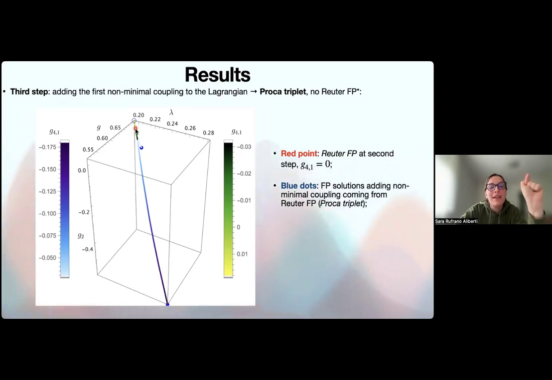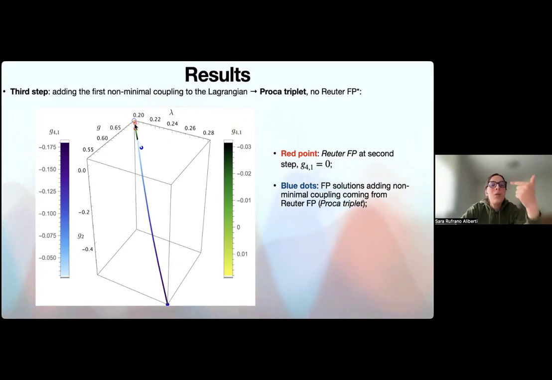And then slowly activating G41, the new added coupling, for positive values, we have to follow this green line going to the yellow color, and we end up with this empty blue dot, which is one of the fixed point solutions at the third step.